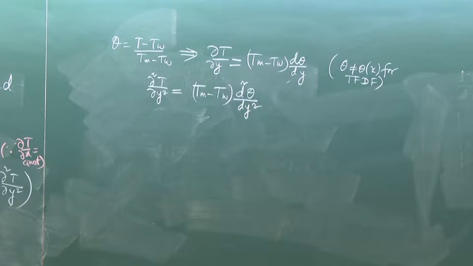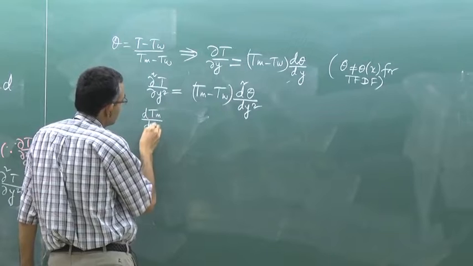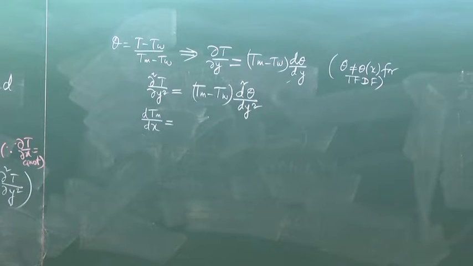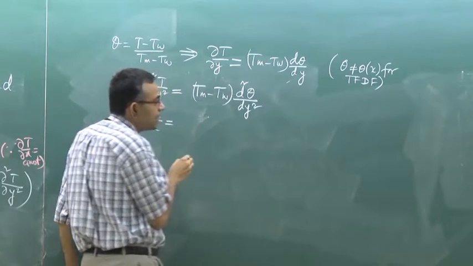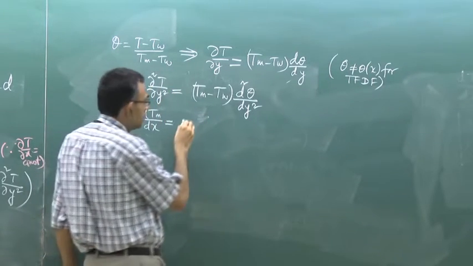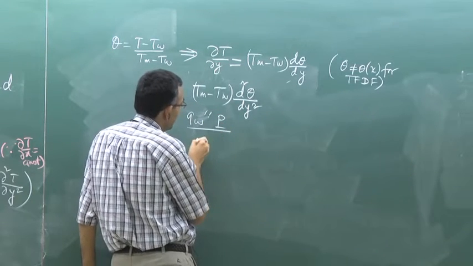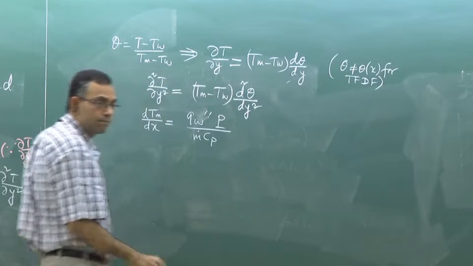and what is dTm/dx? What is that expression? It is Q double dash P by m dot Cp, right?